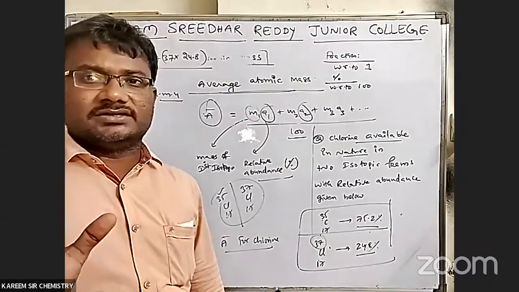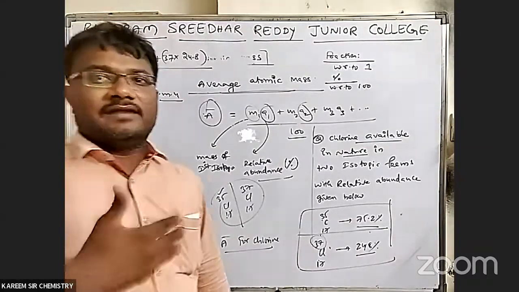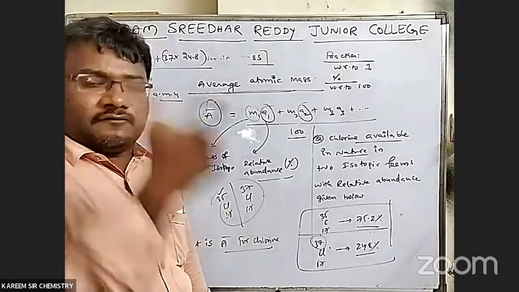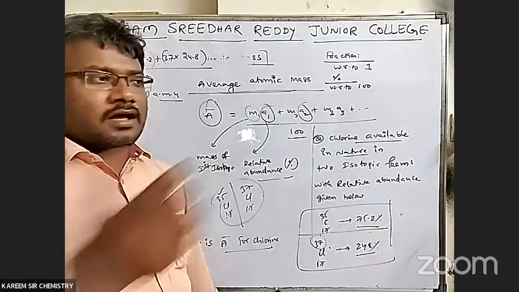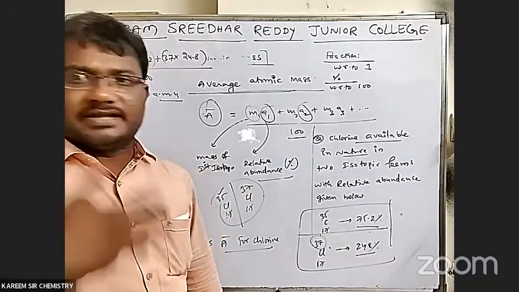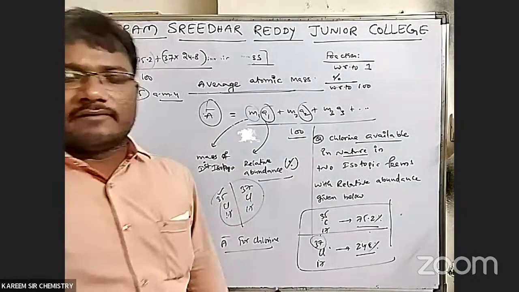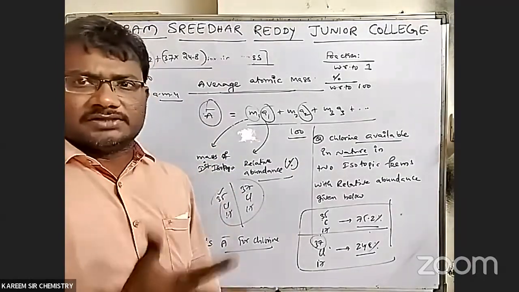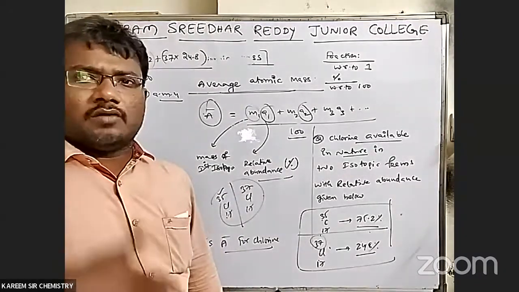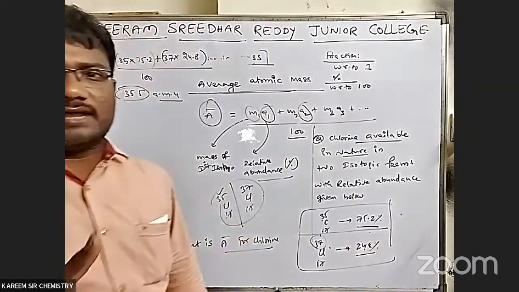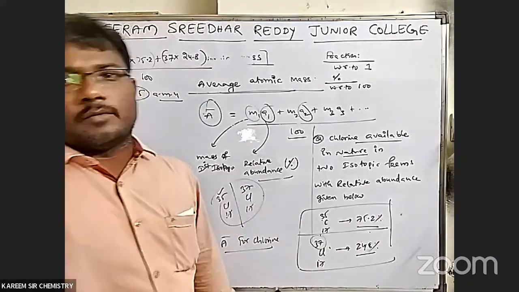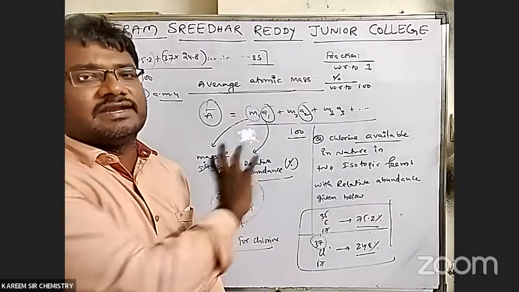But where can we use the average atomic mass? If an atom of an element is available in different mass numbers, in nature it is possible to get more than one isotope for a single element. Hydrogen, carbon, oxygen, boron, so many elements have isotopes. If isotopes are available, then we should take the average atomic mass. Average atomic mass means the sum of all isotopic masses weighted by abundance, and we take the average.